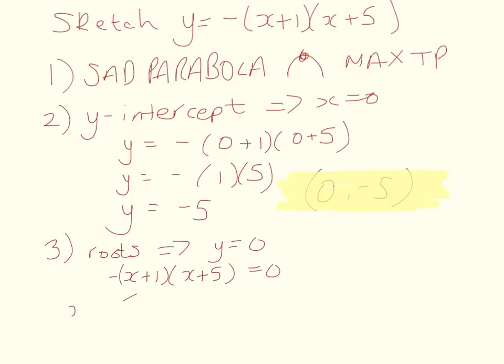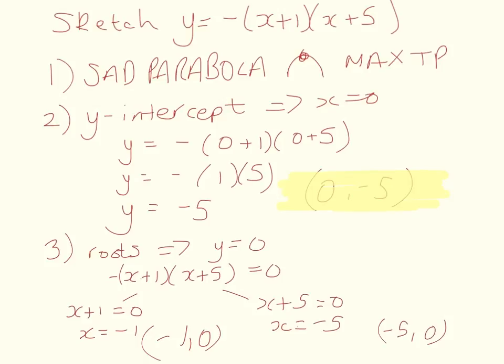So we can split them up. x plus 1 equals 0, so x equals negative 1, or x plus 5 equals 0, x equals negative 5. So my two roots are going to be (-1, 0) and (-5, 0).